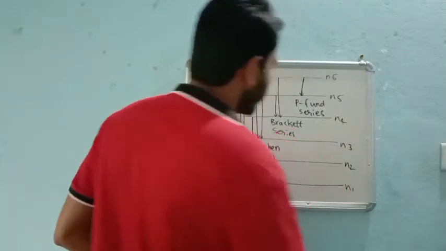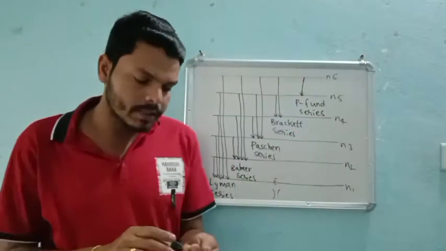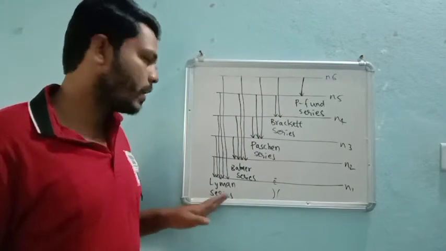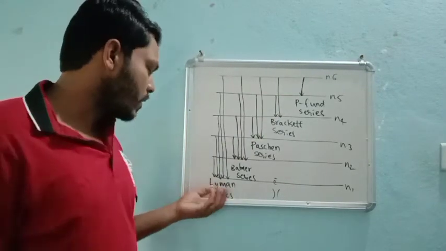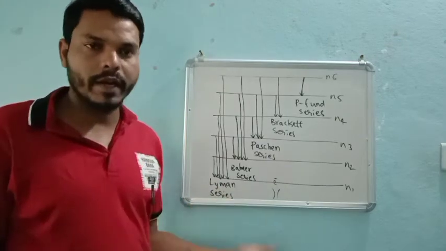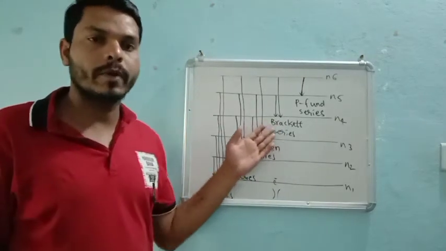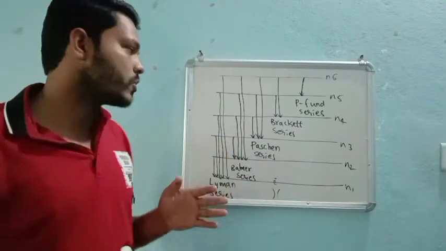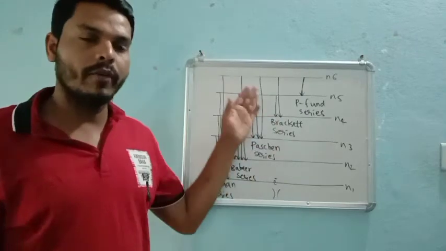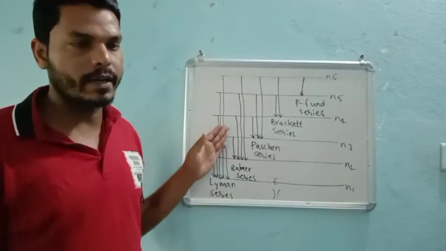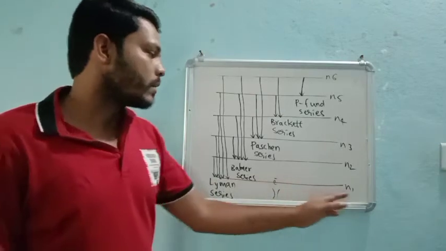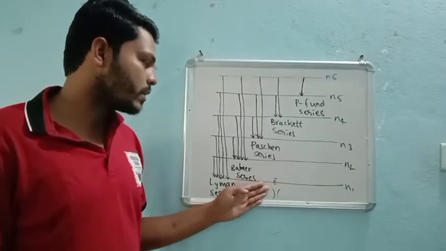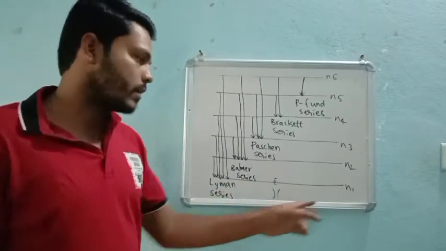So these are the different scientists, so you don't be confused. The different scientists came for the explanation of the line spectrum of hydrogen, and their views are different. That means the energy levels are different for the different scientists. Lyman says the ground state energy of the electron present in hydrogen is very low, that is n1.